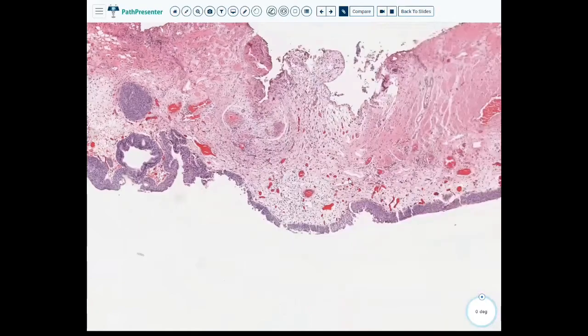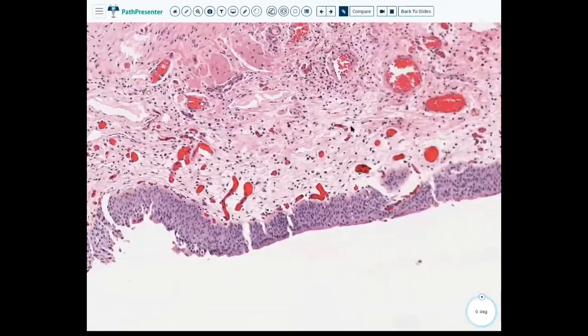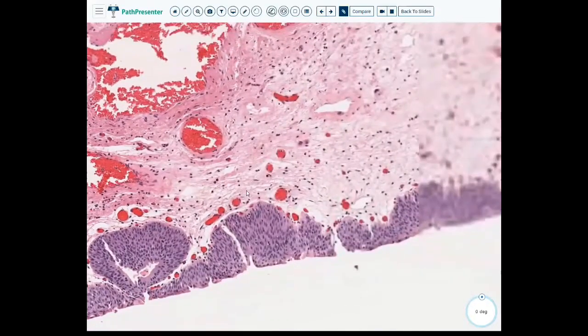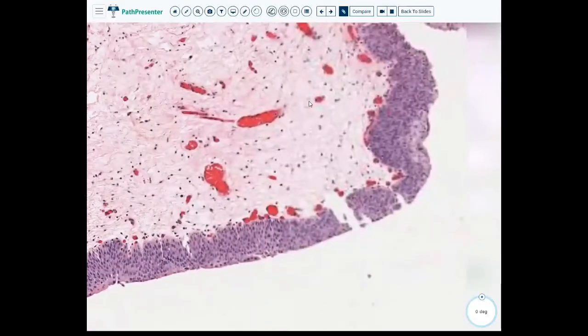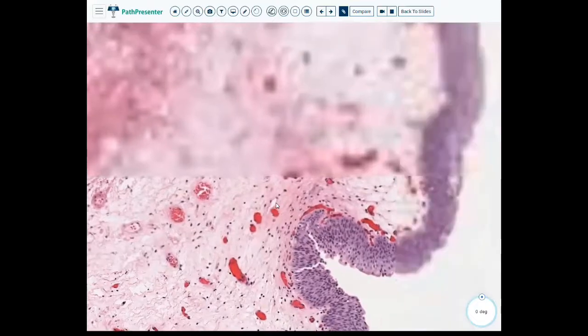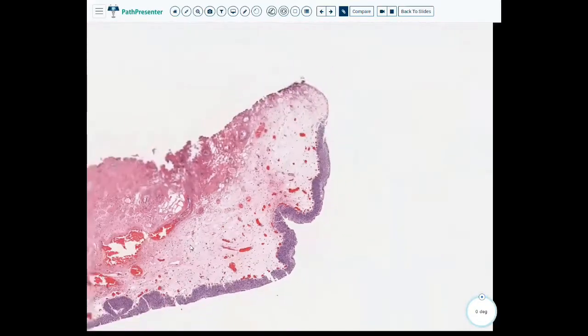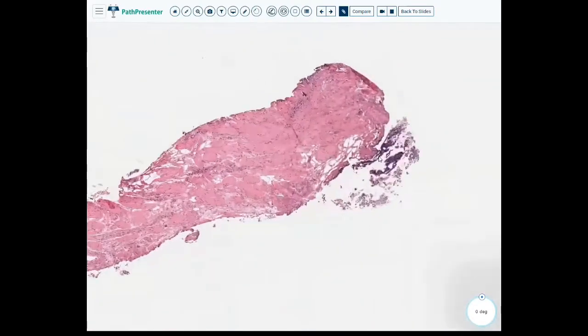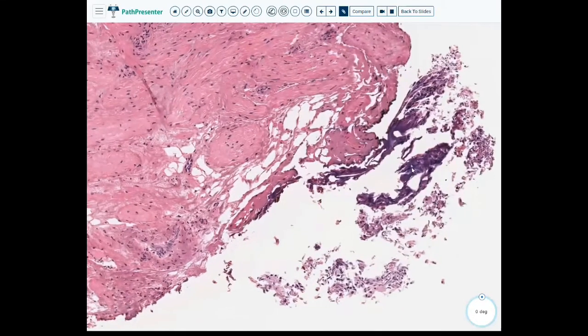Let's see if there's anything else interesting going on in this though. But just note how bland the stroma is. This is all cauterized here, and this looks normal.